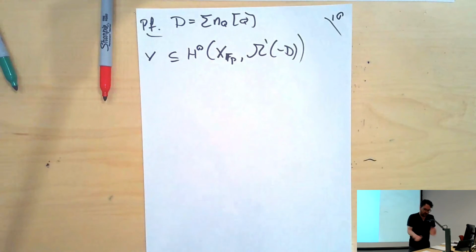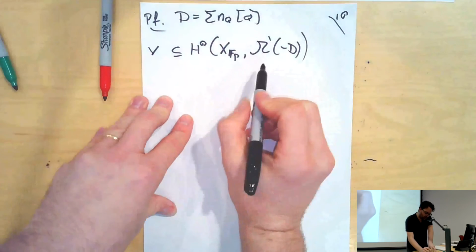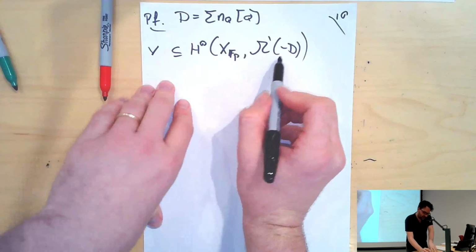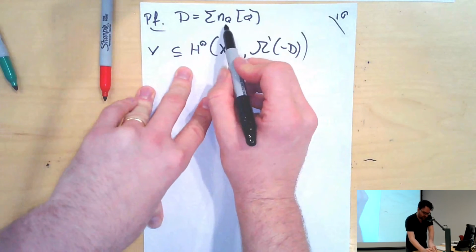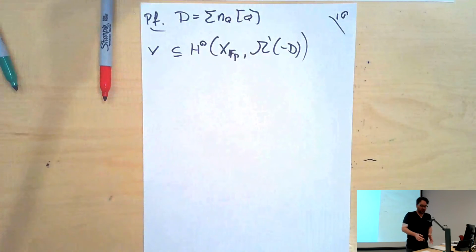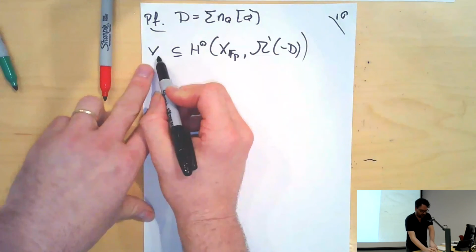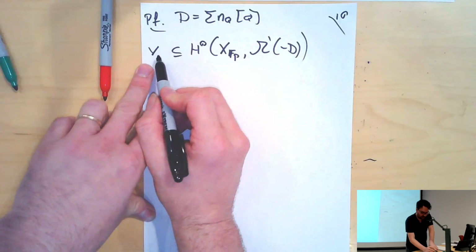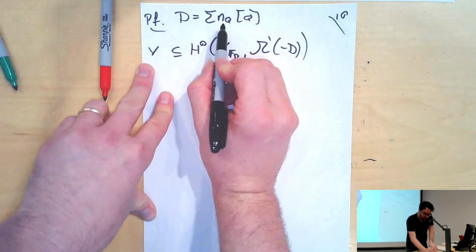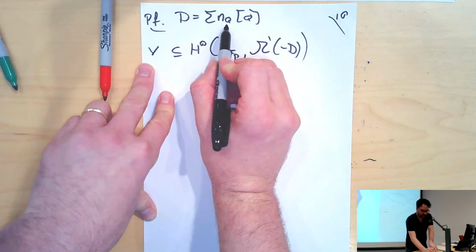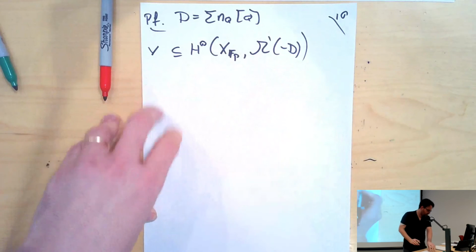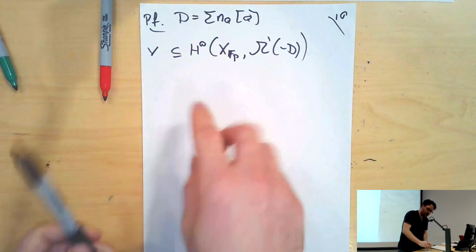Let me explain this backwards: we cooked up D so that these n_Q are the minimum order of a zero as we range over V. So every element of V has a zero of order at least n_Q at Q. That's exactly what this space is.